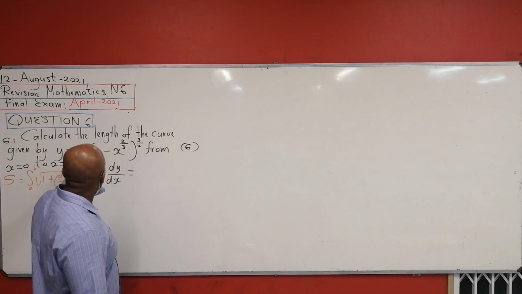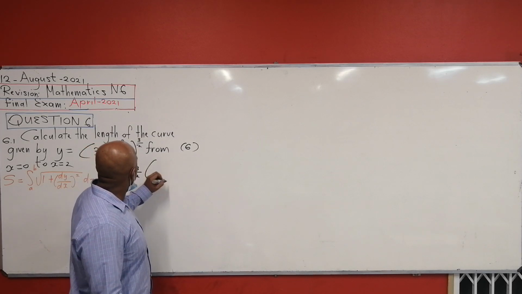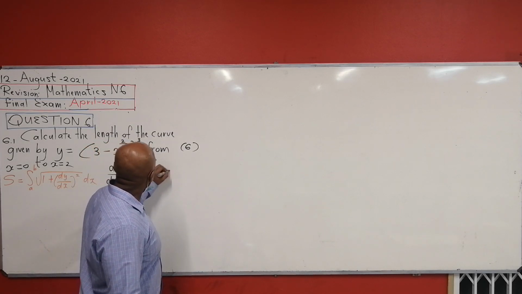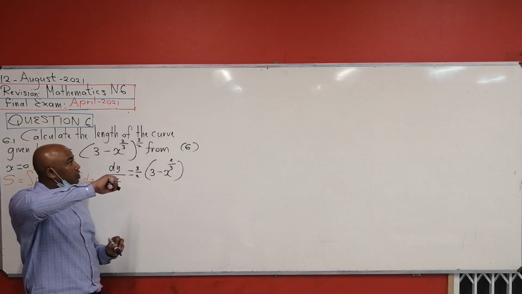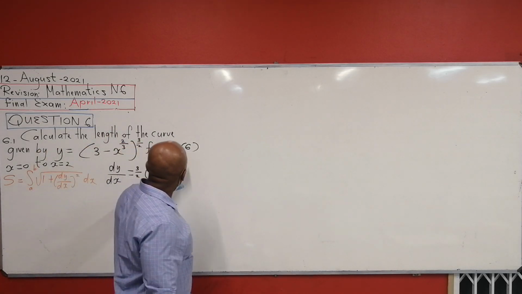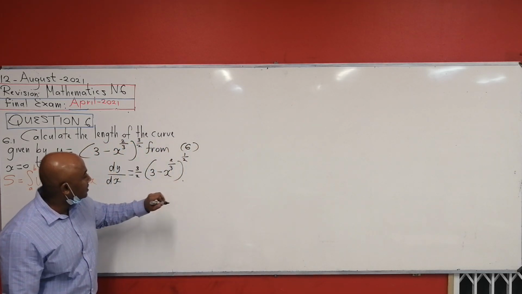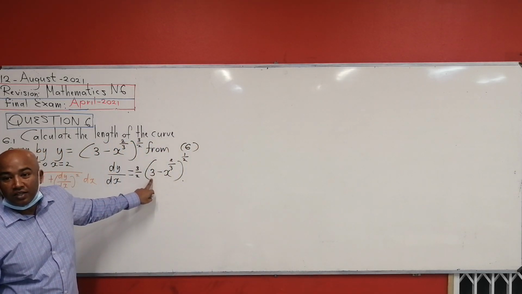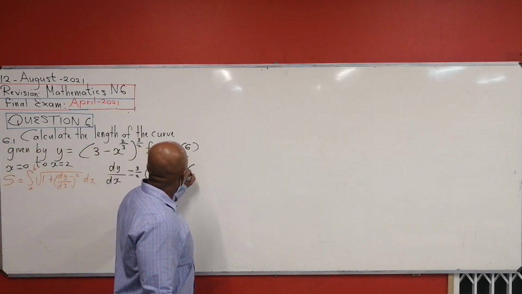So now that's going to be 1 times 3 over 2, which is 3 over 2. And that's 3 minus x to the power 2 over 3. And then 3 over 2 minus 1, minus 2 over 2, is 1 over 2. Times, now we differentiate what's on the inside. The derivative of 3 is 0.